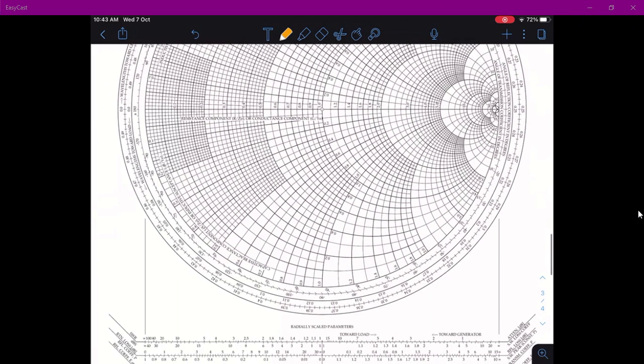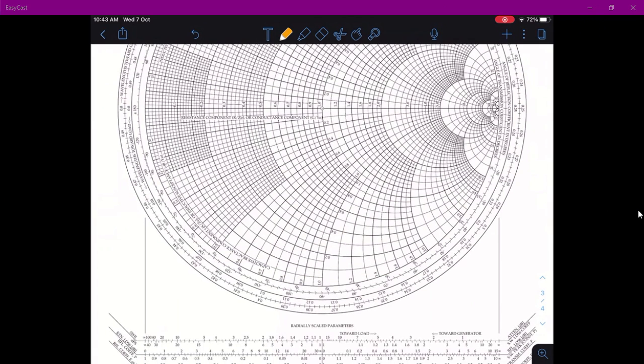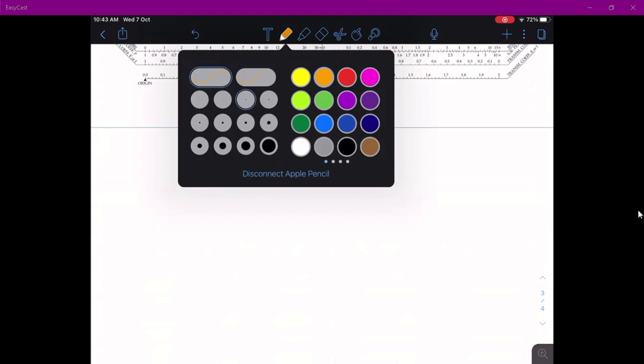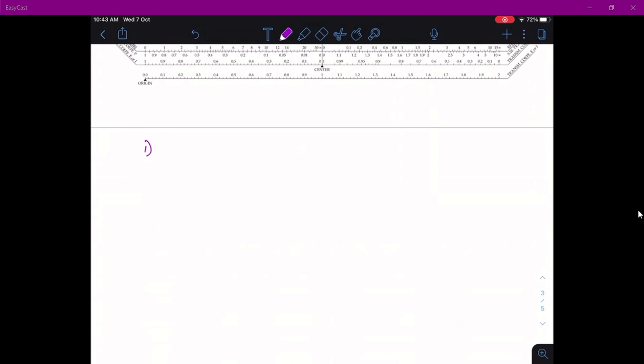Okay. So let's illustrate the step. The first step, as always, is mark the impedance ZL or ZL bar, the normalized impedance.